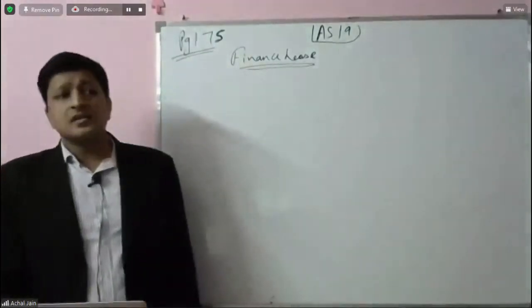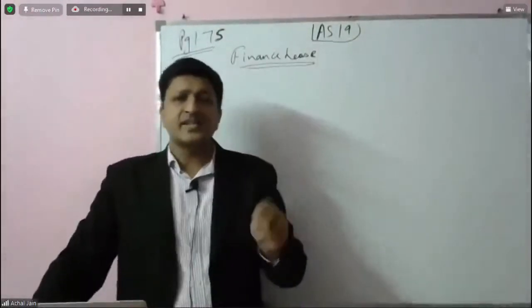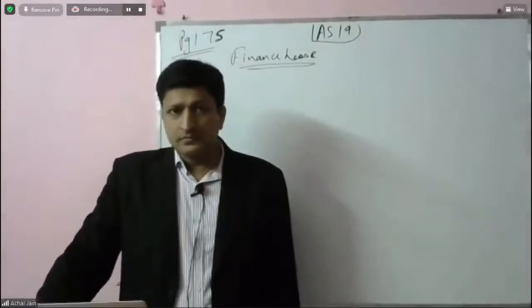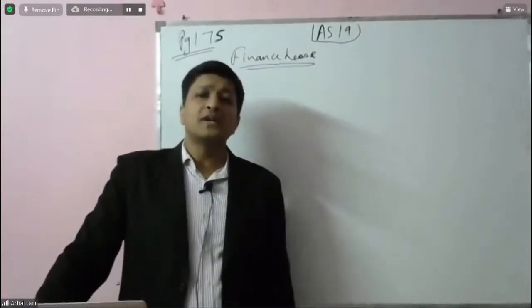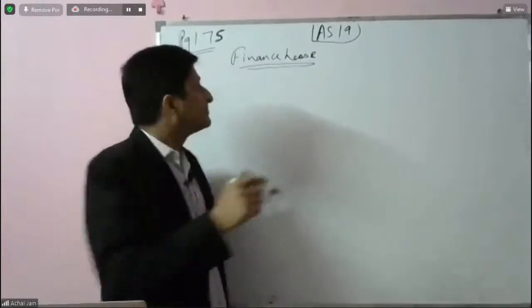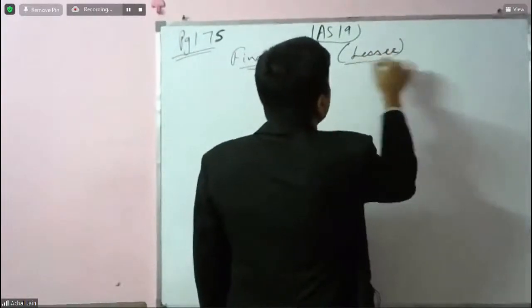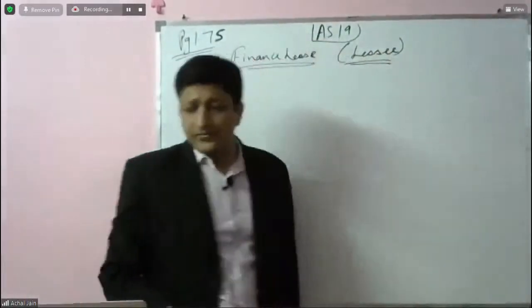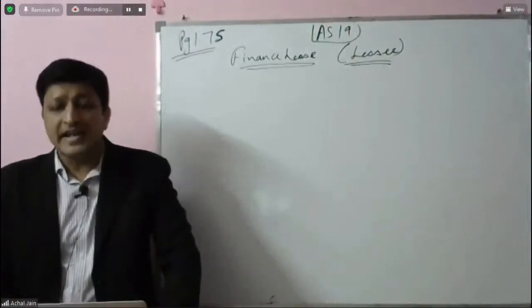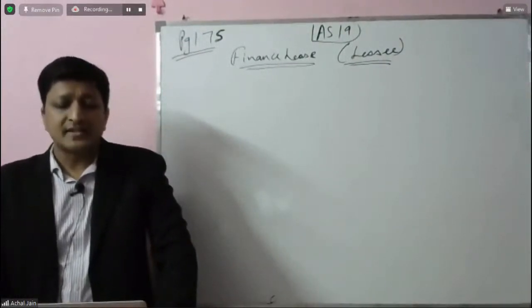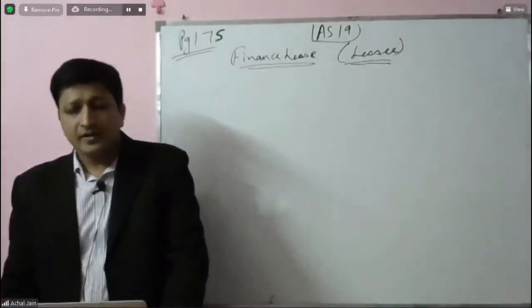And as we discussed, finance lease will involve two parties, lessee and the lessor. So now we are starting with the accounting requirements of lessee. So we are starting with lessee first of all. So we'll now understand how will a lessee record a finance lease transaction.